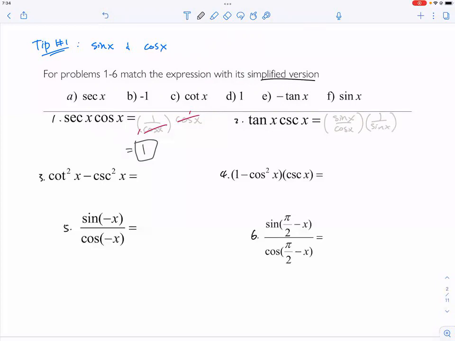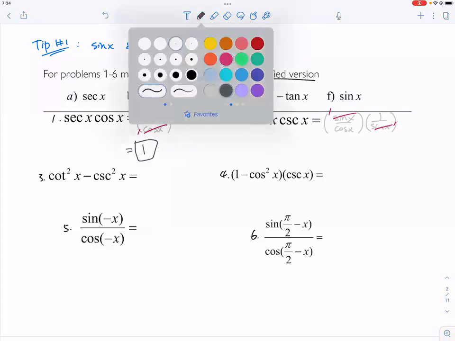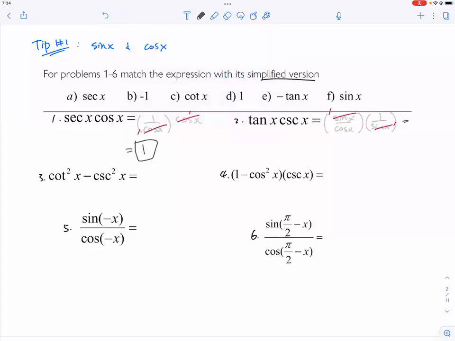And you're like, what can we do here? I hope that you have this instinct and say, oh, you can cancel these 2 out. So it's just 1 over cosine x, which means that you can simply write down secant x as the answer.